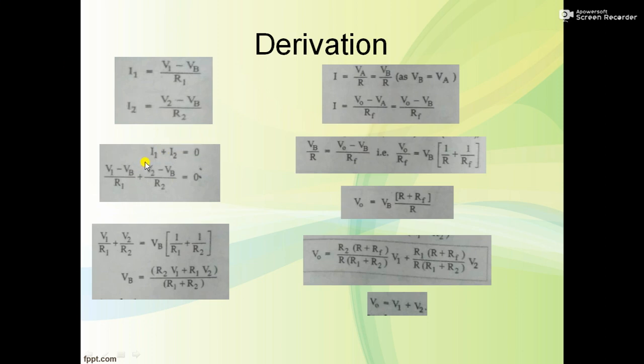And the virtual ground concept is not applied here. According to this, we take (V1 minus VB) by R1 plus (V2 minus VB) by R2 equal to 0. After simplification, separate the VB parameter, the voltage at node B. From this equation, if you separate VB, we will get (R2 V1 plus R1 V2) divided by (R1 plus R2).